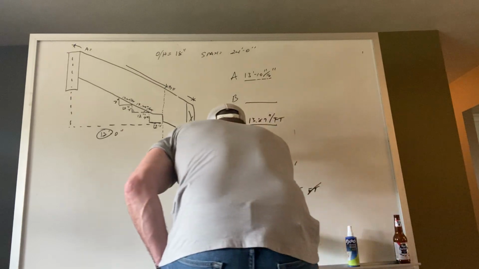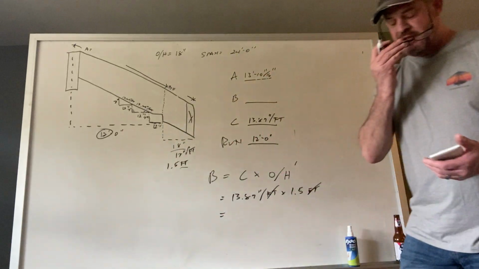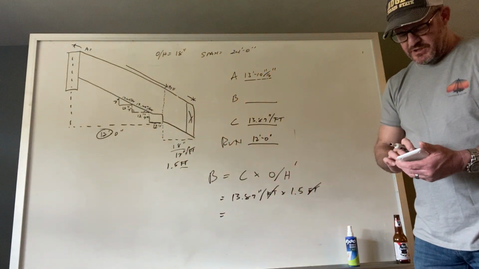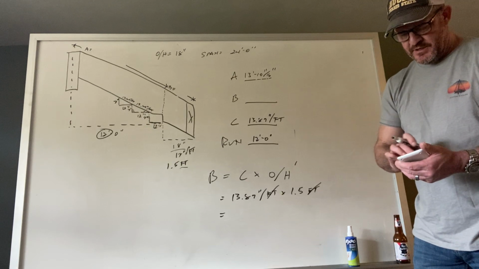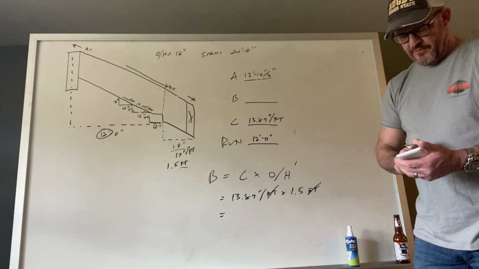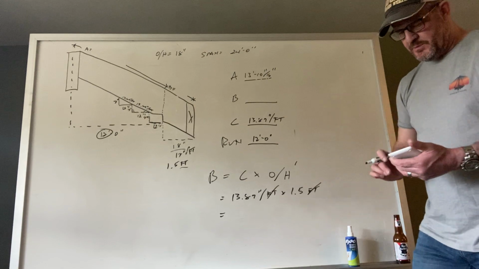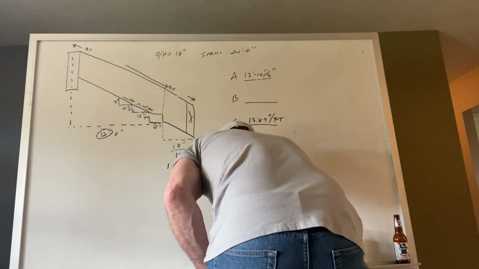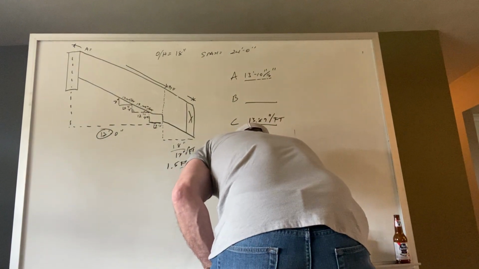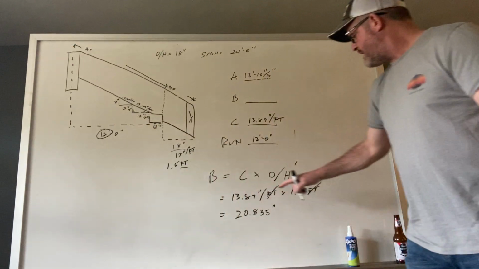My feet are going to cancel. I'm going to do that math. 13.89 inches per foot times 1.5 gives me 20.835 what? Inches, because my feet canceled.